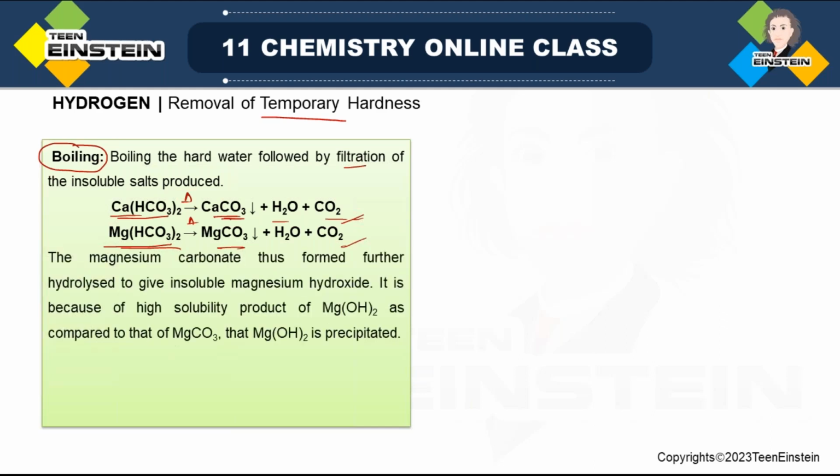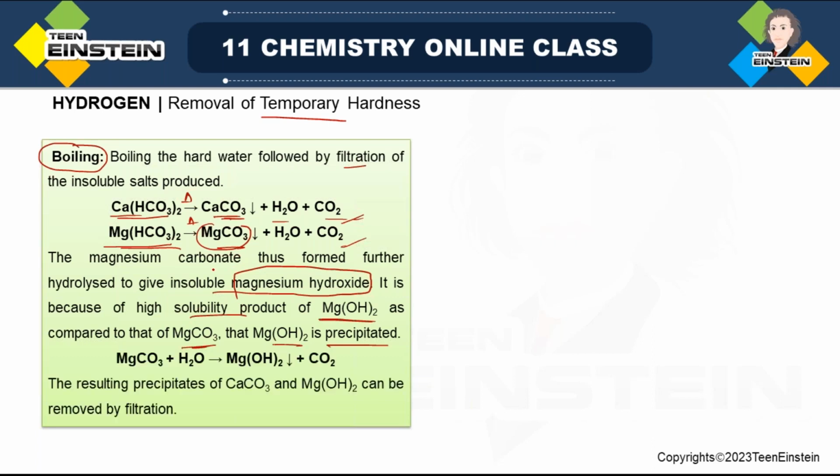Now, the magnesium carbonate which is formed here can further hydrolyze, because water is already there, to give insoluble magnesium hydroxide. Magnesium hydroxide is more insoluble compared to MgCO3, because of its lower solubility product compared to MgCO3. So rather than a precipitate of MgCO3, we get a precipitate of the hydroxide.